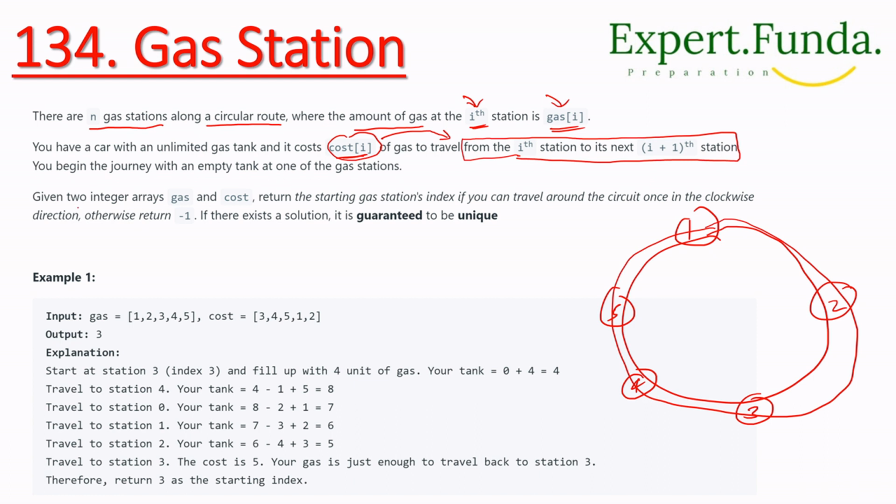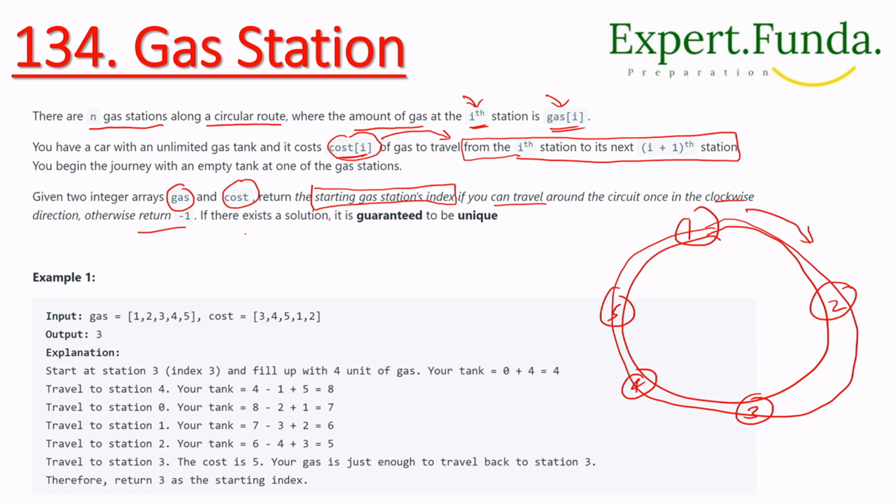Now two integer arrays, gas and cost, are given. What we have to do is return the starting index if you can travel around the circuit in the clockwise direction, meaning in this direction if you go, otherwise return -1.